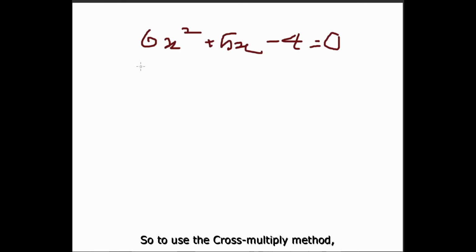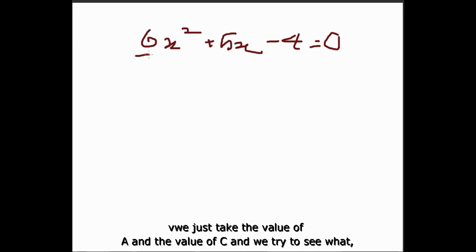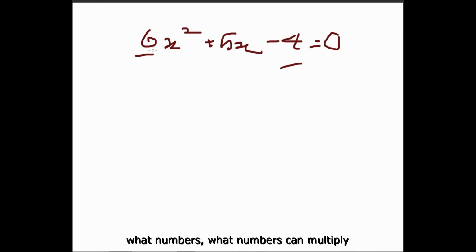To use the cross multiply method, we just take the value of a and the value of c, and we try to see what numbers can multiply to result in these two values. For the number 6, we can have 1 times 6.